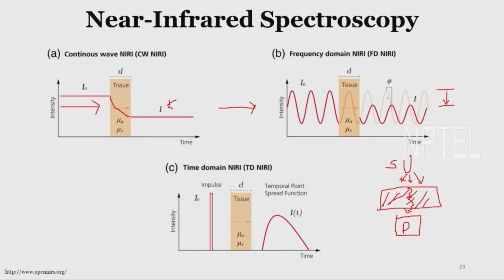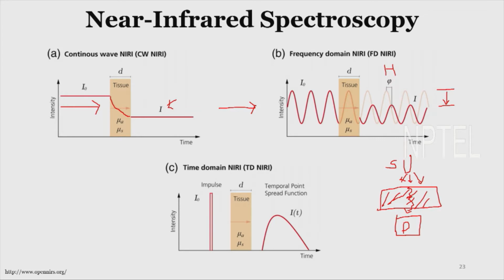The second is the phase difference between the initial input signal and the response observed at the photodetector after propagating through the tissue.